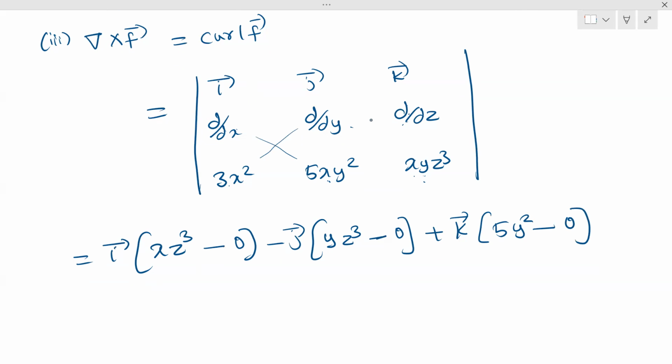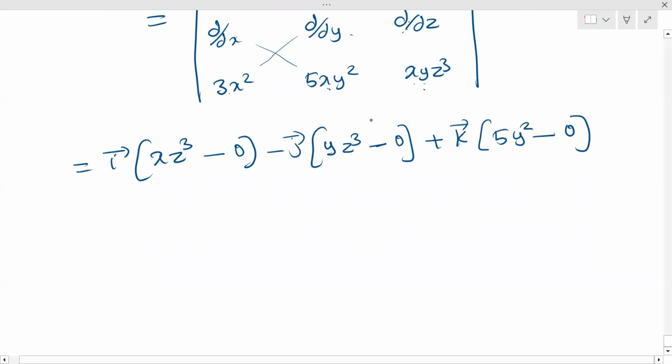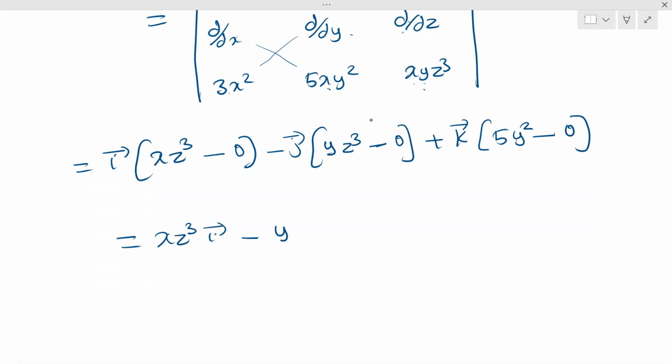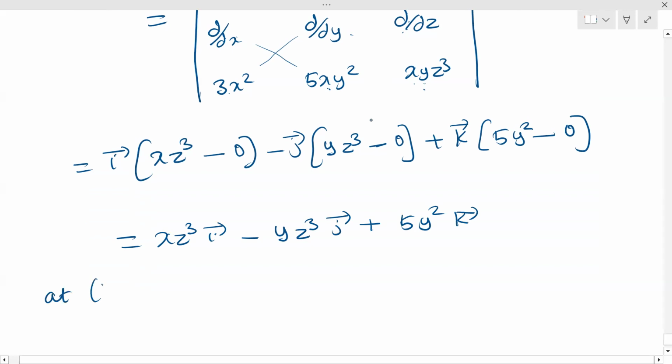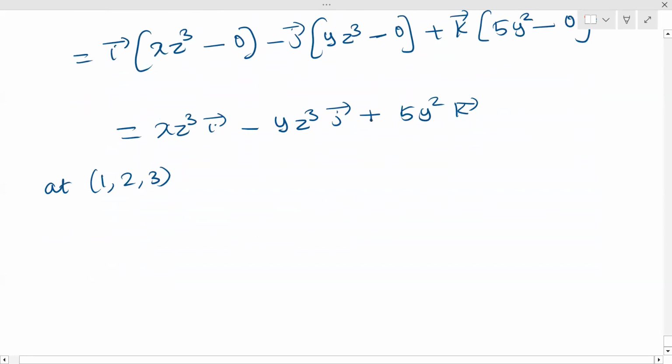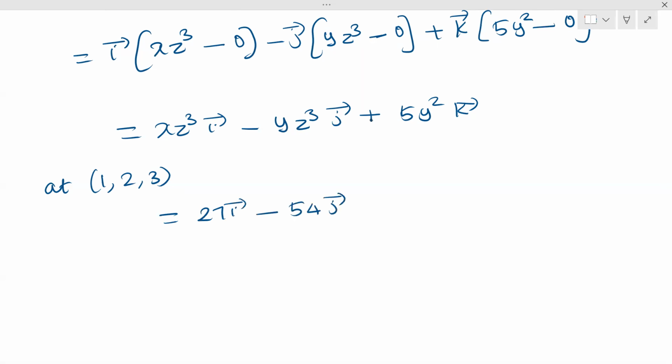So this is our curl F: xz cube i vector minus yz cube j vector plus 5y square k vector. Next, at the point 1, 2, 3, we get 27 i vector minus 54 j vector plus 20 k vector.